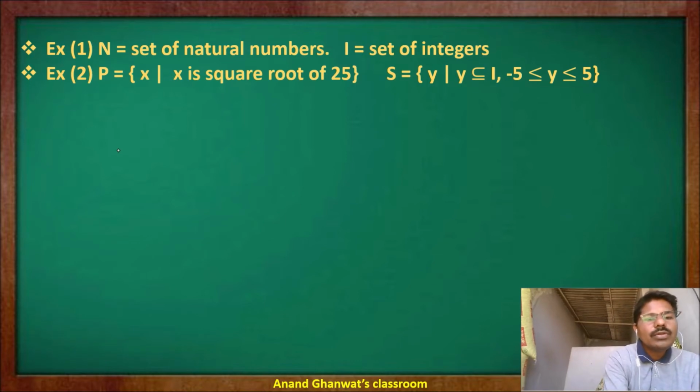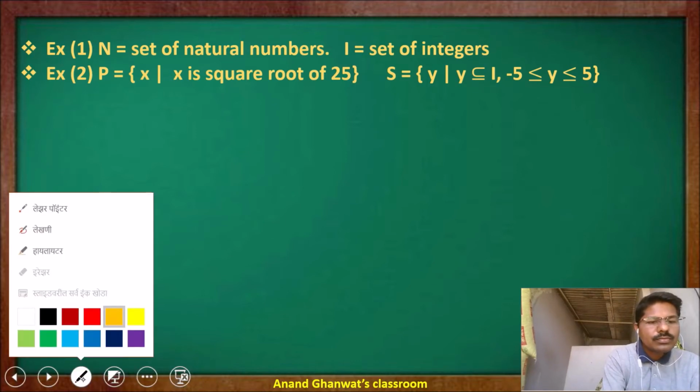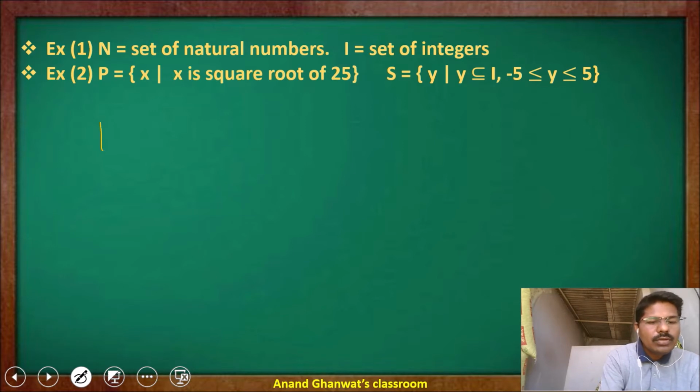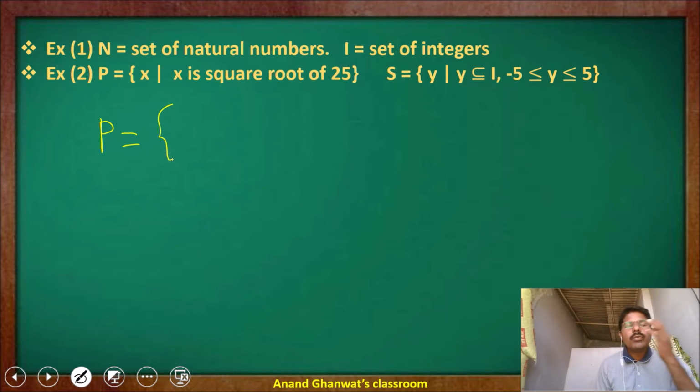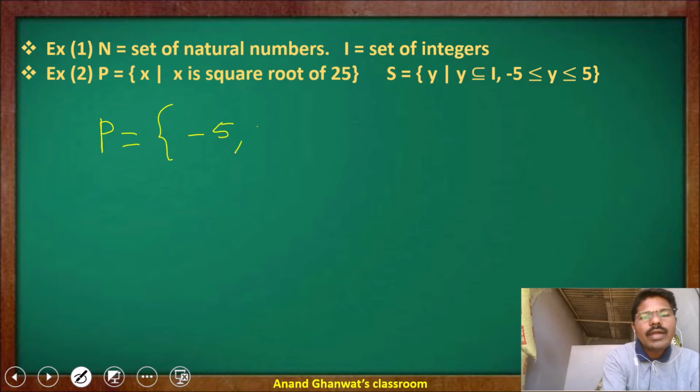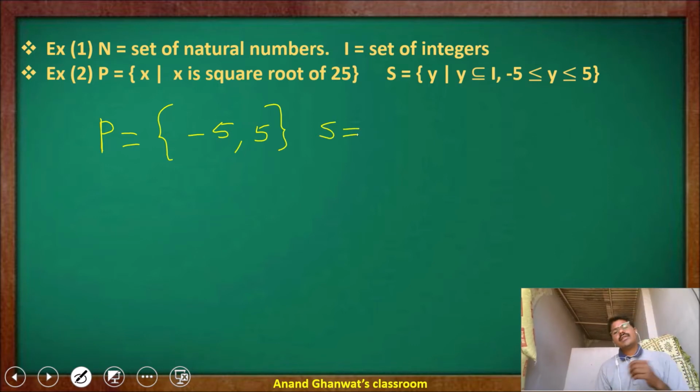P is equal to, now x is the square root of 25, therefore -5 and +5. Now S is a set of all y such that y belongs to I and -5 less than or equal to y is less than or equal to 5.